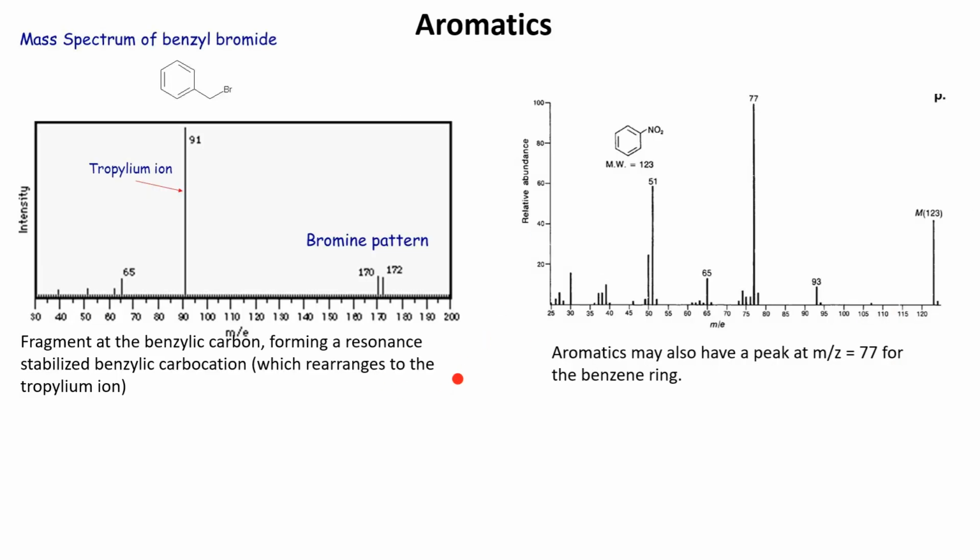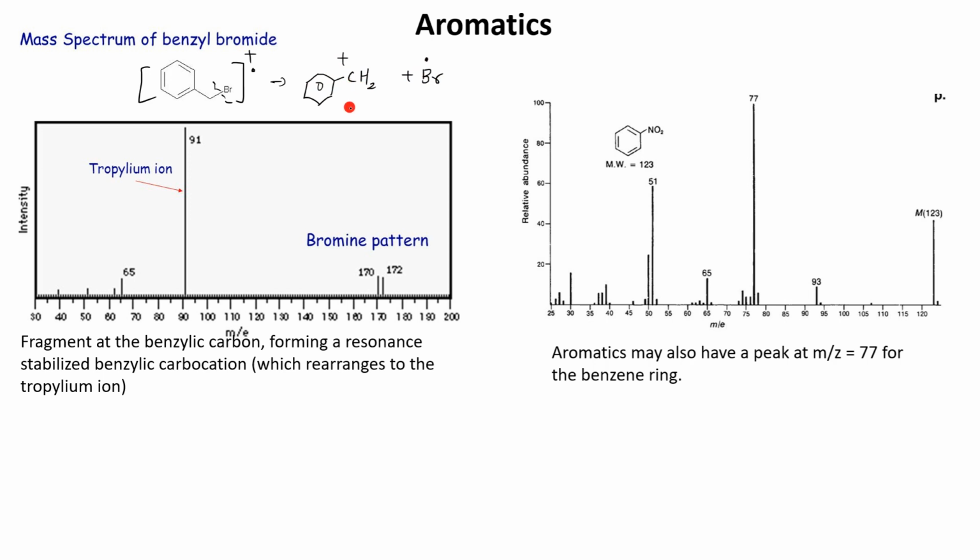Let's say for some aromatic compounds. For aromatic compounds, suppose benzyl bromide. What is the fragmentation pattern for benzyl bromide? This molecule breaks over here. This is your M plus radical cation. It breaks over here. So you are going to get CH2 plus, and Br radical is lost.